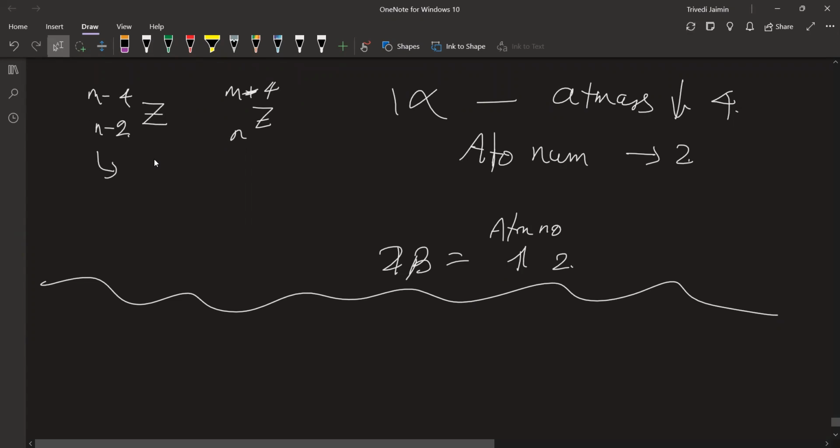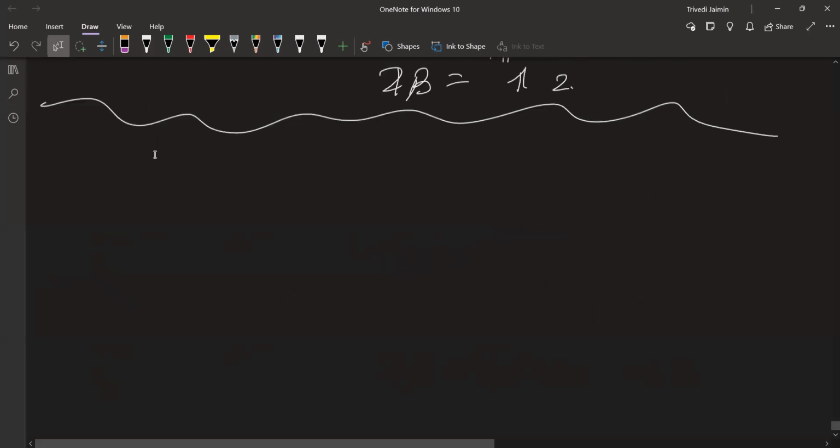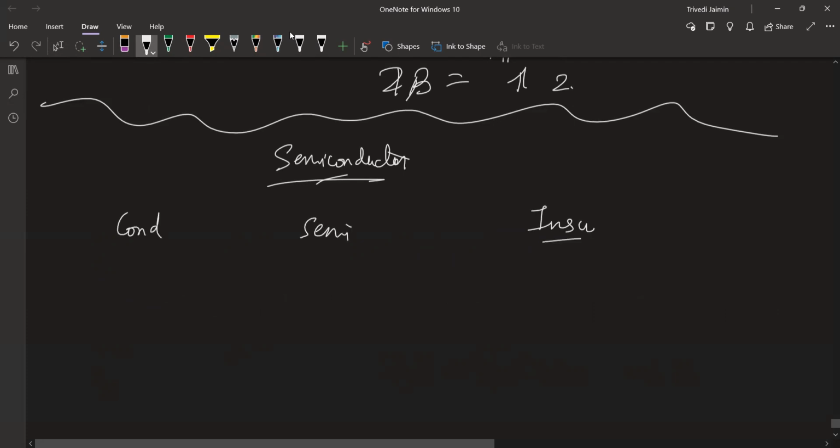Before going to these questions, let's recall everything. What are the differences between conductor, semiconductor, and insulator?